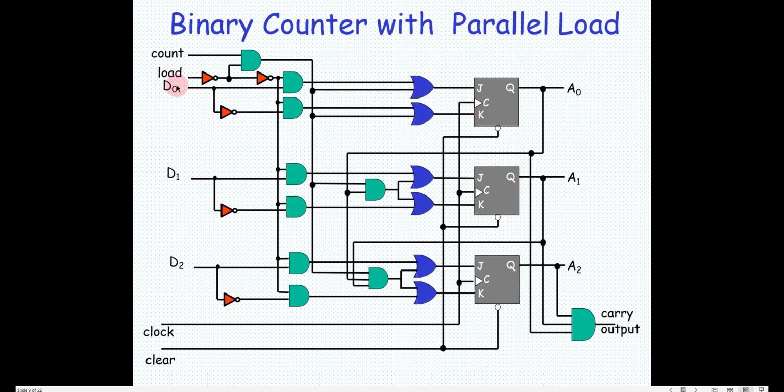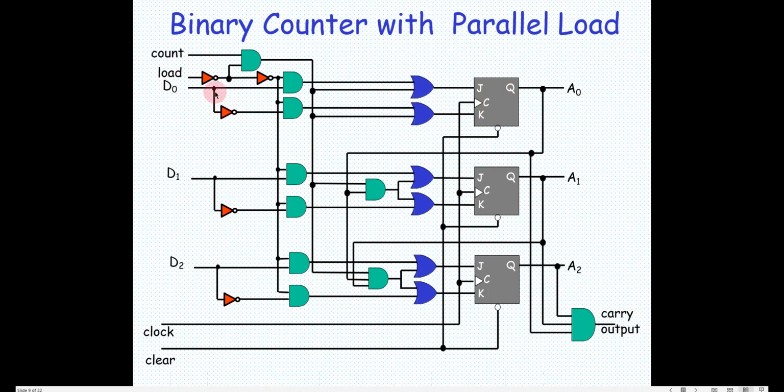If D0 is 1, then I'll have 1 coming here and D0 bar coming here, so it will become 1 0, because JK 1 0 will put it to 1 and 0 1 will put it to 0. So it will start acting like a D flip flop.